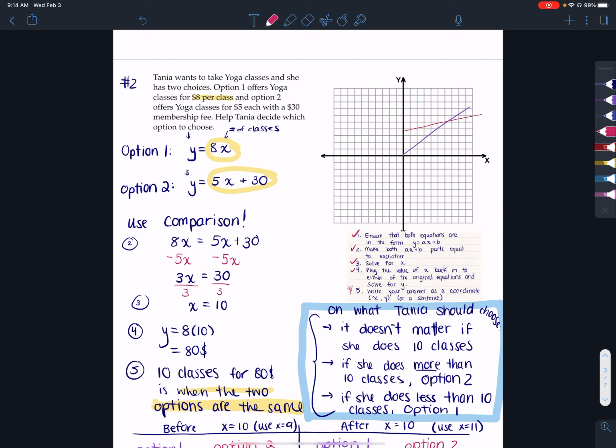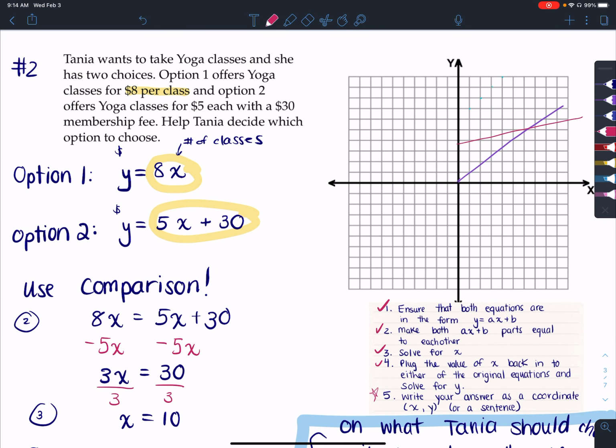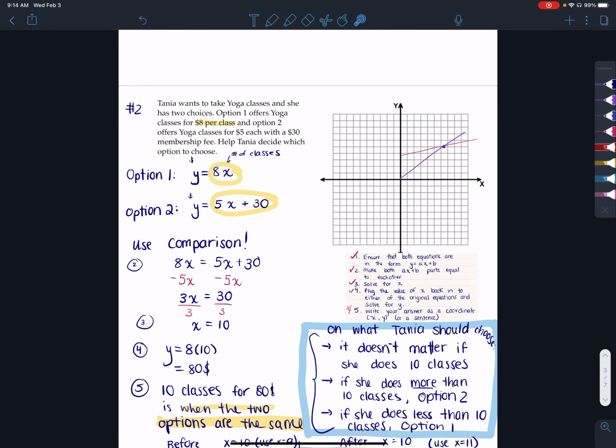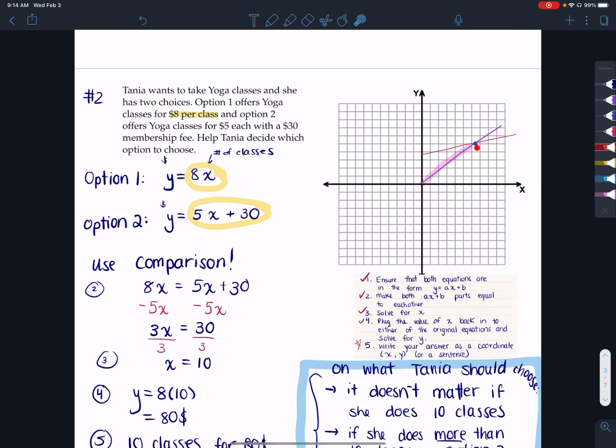So your lines will be doing this kind of thing because you have that intersection point. So first, pink is on top, and then after this intersection point, purple is on top. So what we want as an answer is this part down here, the cheaper one. So before the 10 classes, purple is cheaper, and then after the 10 classes, pink is now cheaper.